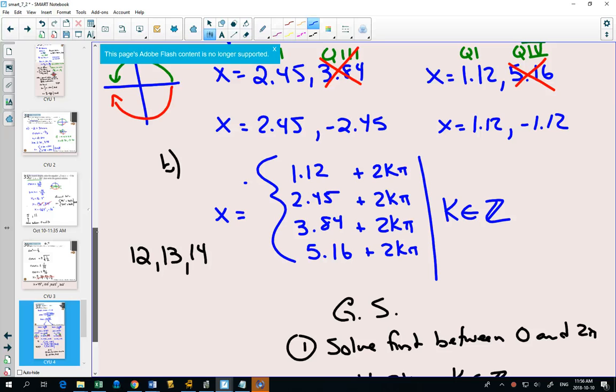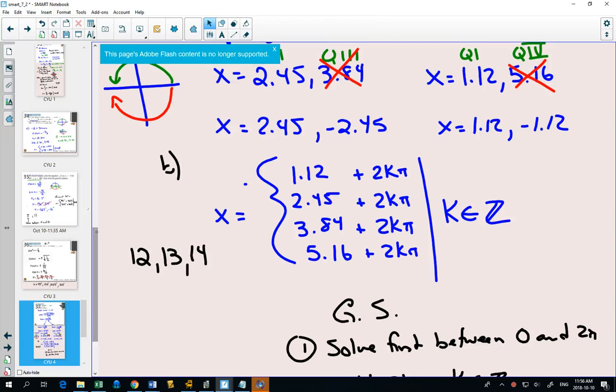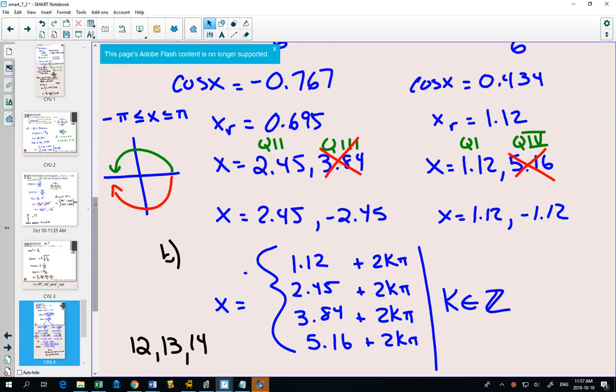Part of the reason that I like doing that is, you know how this one was from negative pi to pi? What happens if they said, no, we want your domain from 0 to pi? Then you would ignore this red part, right? It would just be the green part. And then this answer in quadrant 3 and that answer in quadrant 4 would just disappear.